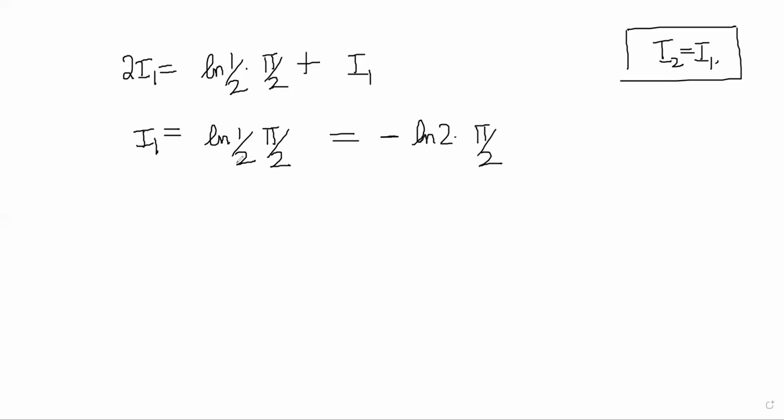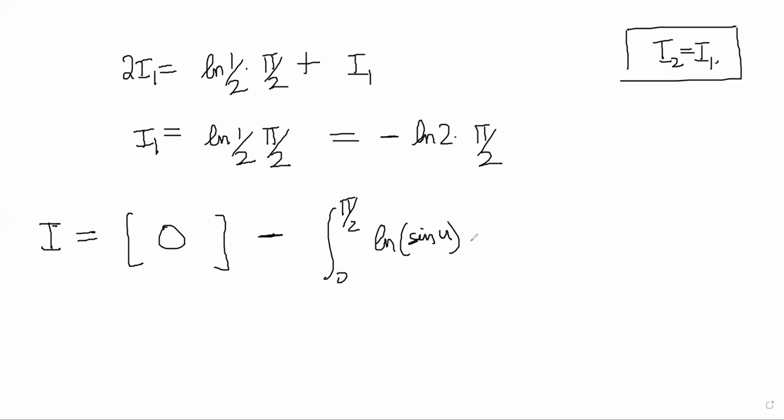and that is basically minus ln 2 into pi by 2, right? Okay, and remember that the initial integral, after doing integration by parts, we got 0 here, and we got minus something here, integral 0 to pi by 2 ln sine u du. This was what we called I1. So therefore, you get minus, and this value of I1 we know now, minus ln 2 pi by 2.